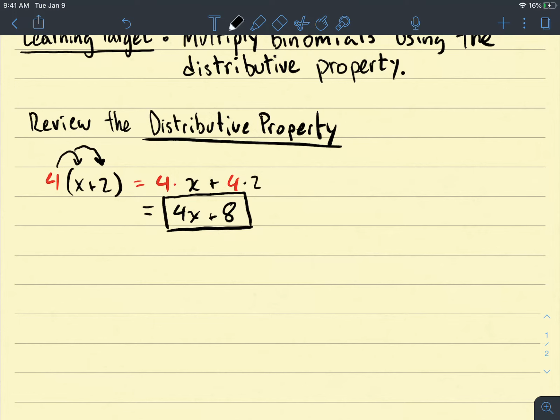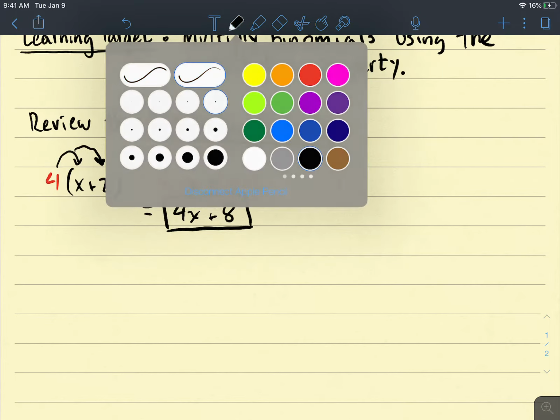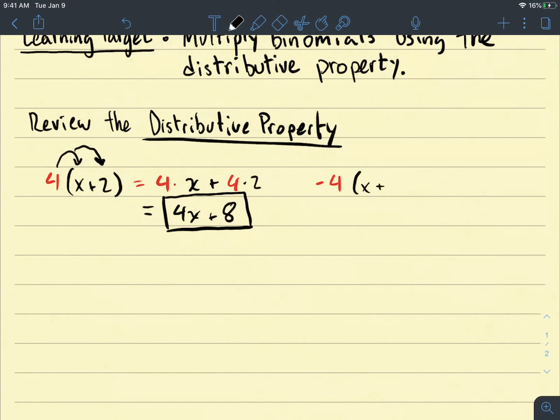Example number 2 is what happens if you have a negative. Let's say we have negative 4, and we're going to see how that affects the result. So we have negative 4 times x plus 2. Same example, only this time we have a negative in the front. The process is the same.